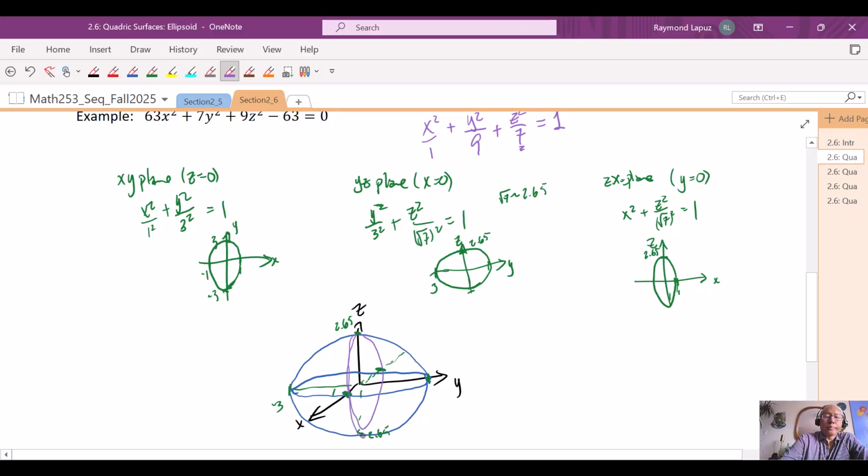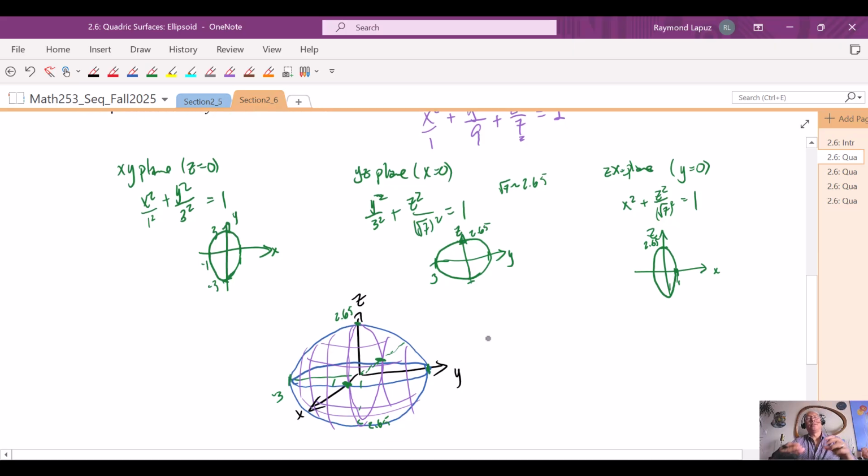Okay, and as you move along, you'll see these shapes change. So you can see it's kind of like I want to say football, but football kind of has those pointy tips, so more like a rugby ball. If you've ever seen a rugby ball, it's more like that.